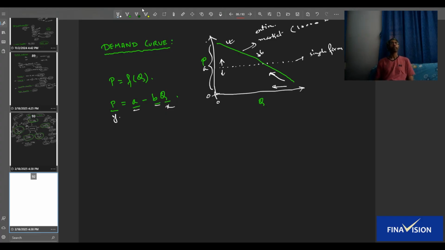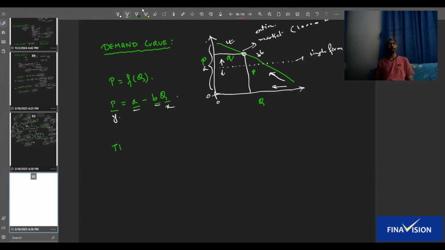Okay. Now, what is the total revenue for any particular point? Let's say we take this point. What is the total revenue? The total revenue is this area, friends. Now this area means this price multiplied by this quantity.